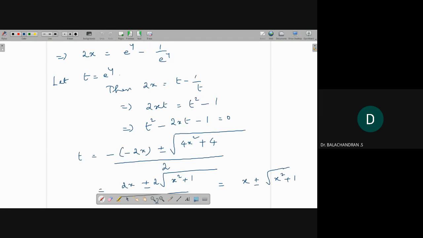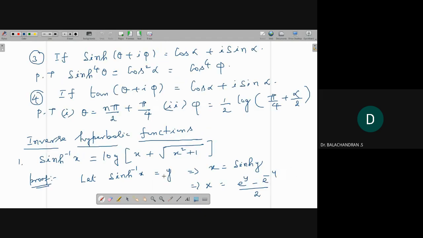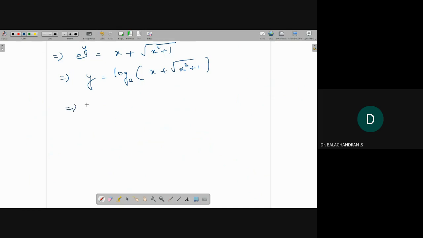But y equal to sinh inverse of x. So sinh inverse of x is equal to log of x plus root of x squared plus 1. If I don't put anything, it is base e. Similarly, you can prove the second result.